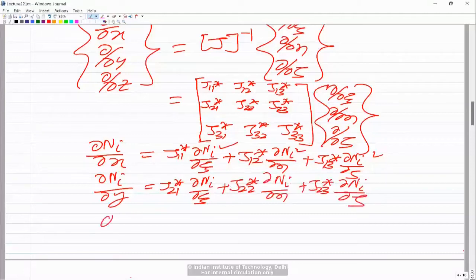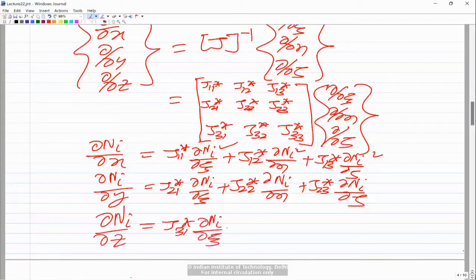And similarly, the derivatives of the shape functions with respect to the z coordinate would be written as J31 star del Ni by del xi plus J32 star del Ni by del eta plus J33 star del Ni by del zeta.